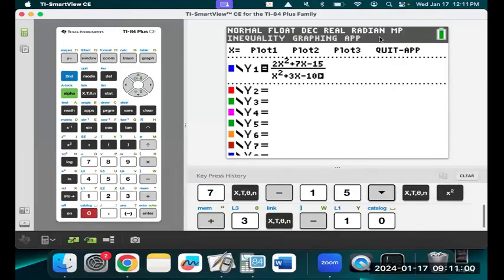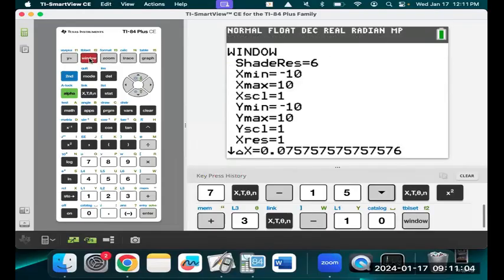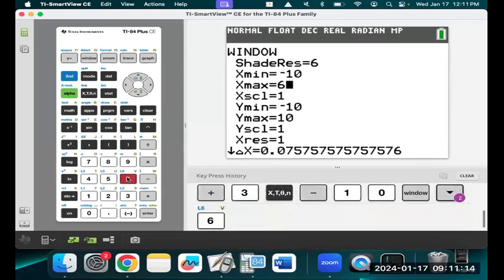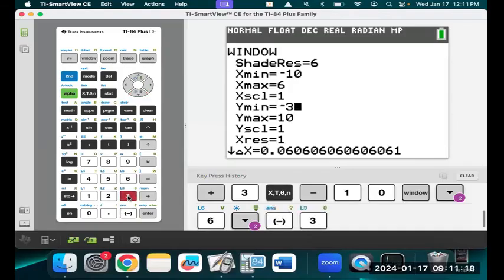And then one more thing that I want to do is I'm going to change the window to what I have. Because if it was really far off, I definitely want to be scaled in a little bit. So we did -10 to 6. And then negative, I think I actually did -4 to 6. Okay, let's take a look at the graph.